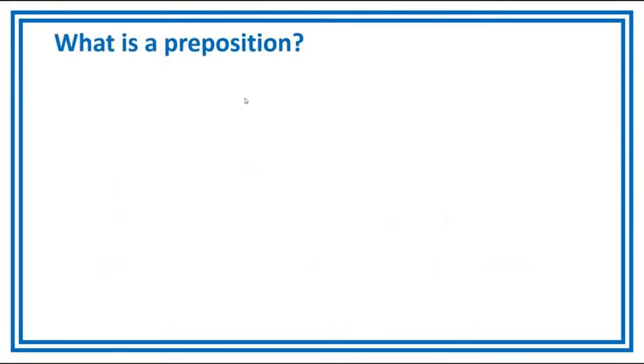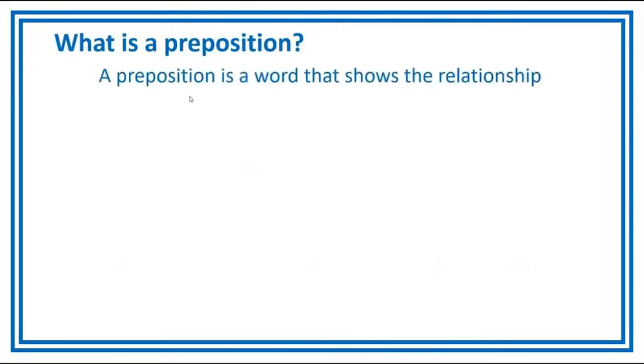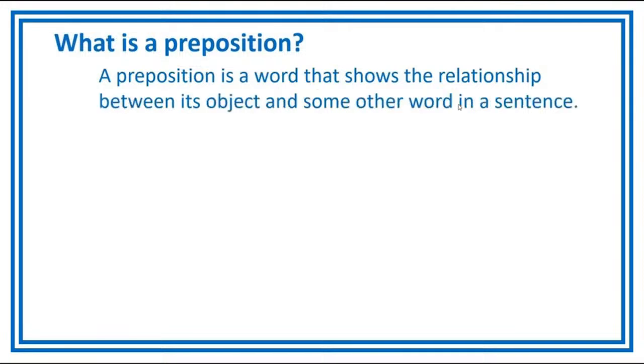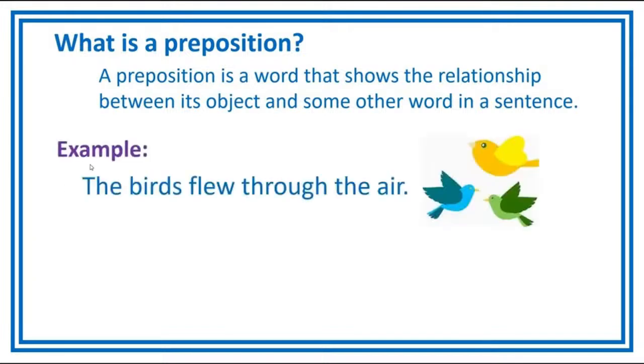What is a preposition? A preposition is a word that shows the relationship between its object and some other word in a sentence. For example, the birds flew through the air.